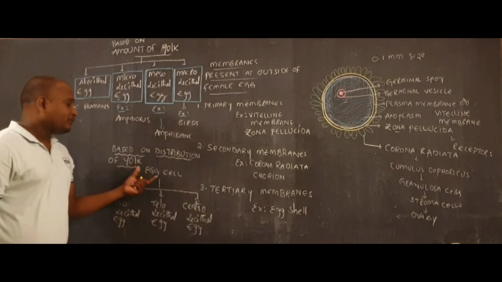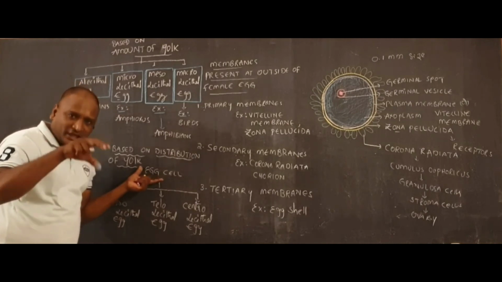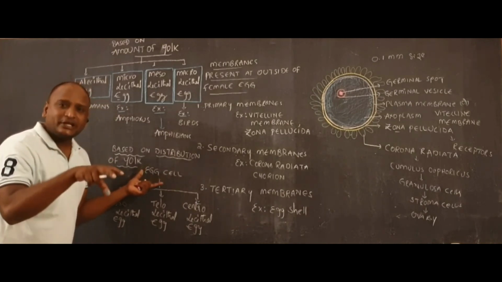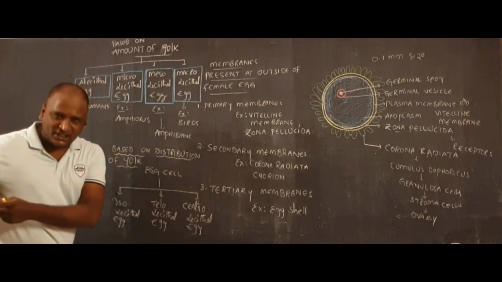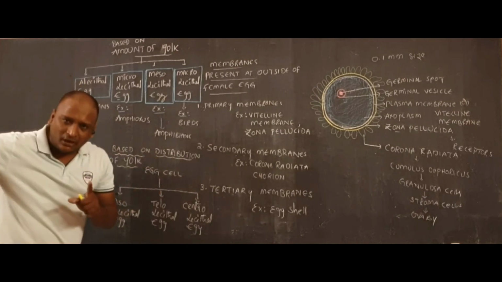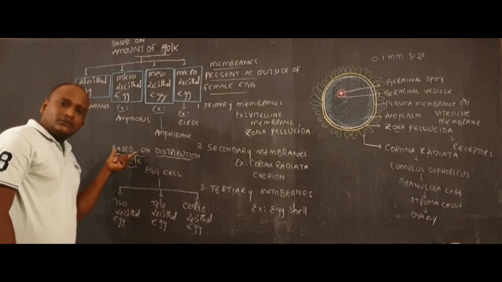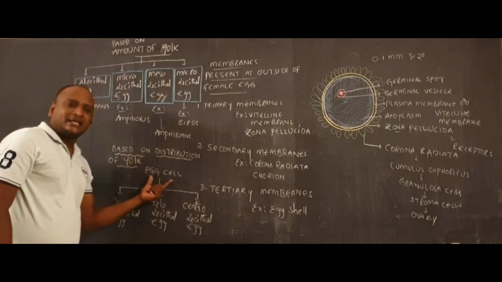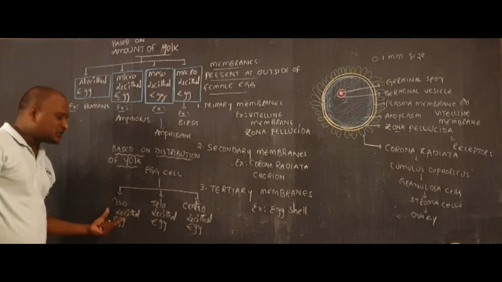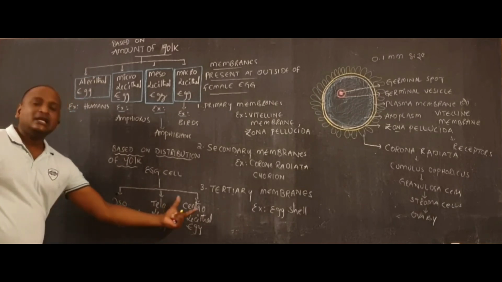What is happening here? Based on where the yolk material is present, at the central side, at one side, or distributed all over the cell in an even manner. Based on that distribution of yolk material, egg cells can be divided into 3 types: isolethal egg, telolethal egg, centrolethal egg.